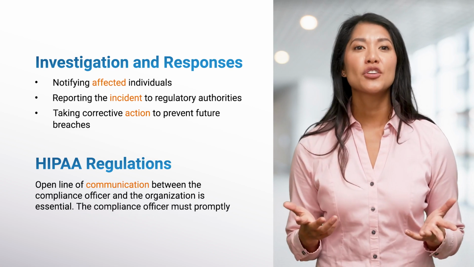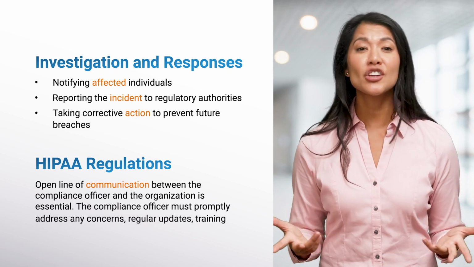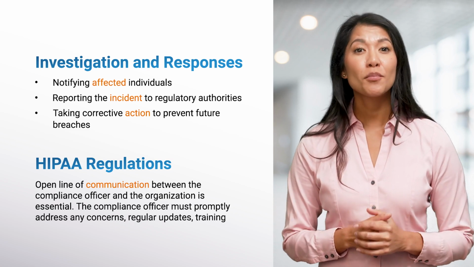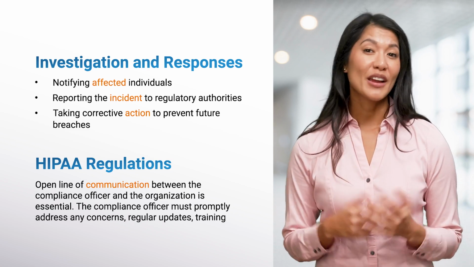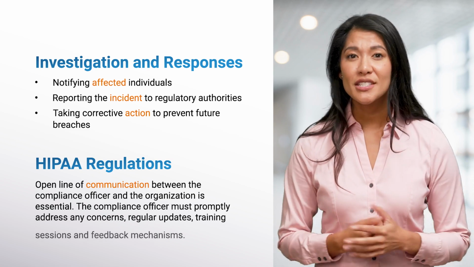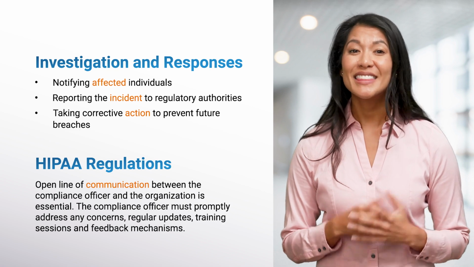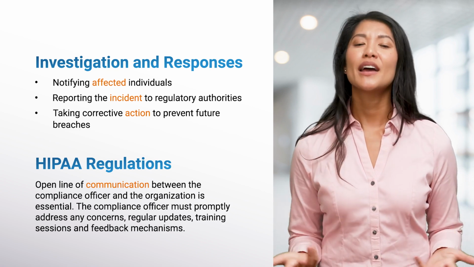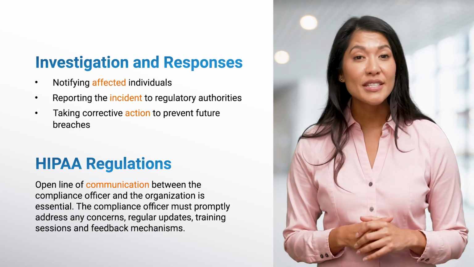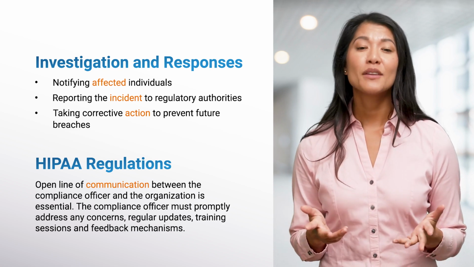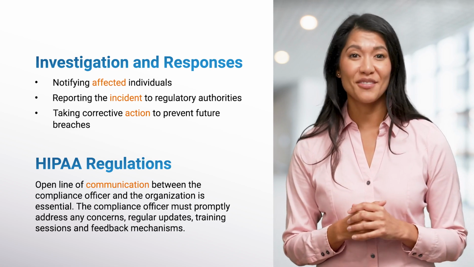The compliance officer must promptly address any concerns while fostering a culture of compliance within the organization. Regular updates, training sessions, and feedback mechanisms should be established to facilitate this communication. This open dialogue helps identify potential risks, prevent breaches, and maintain HIPAA compliance effectively.